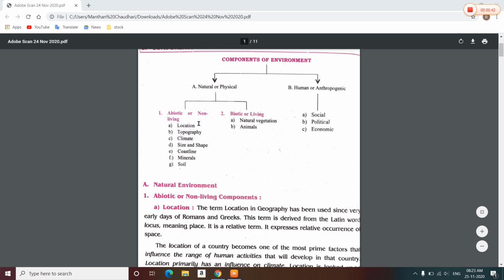Abiotic or non-living factors are location, topography, climate, size and shape of a country, coastlines, minerals, soils, etc. And biotic or living factors of natural environment are natural vegetation or plant cover, then animals, human, fish, macroorganisms, insects, etc. These are biotic or living factors of natural environment.